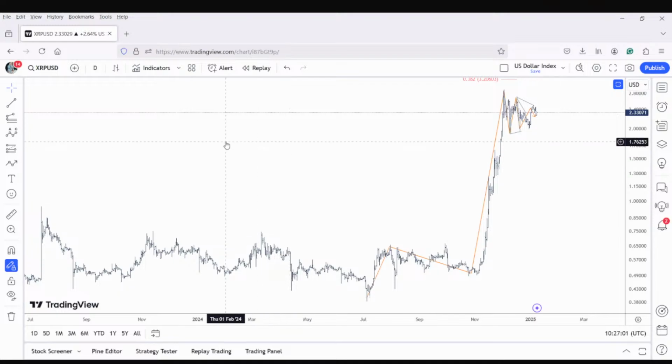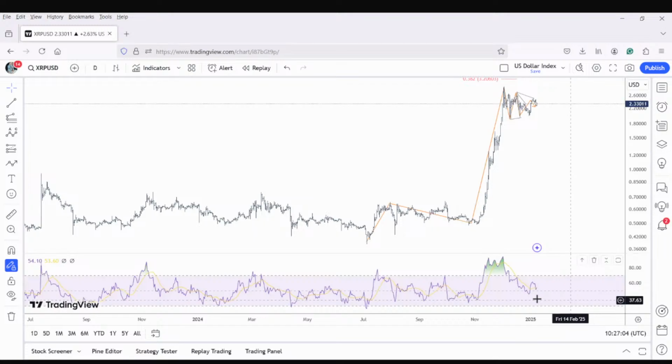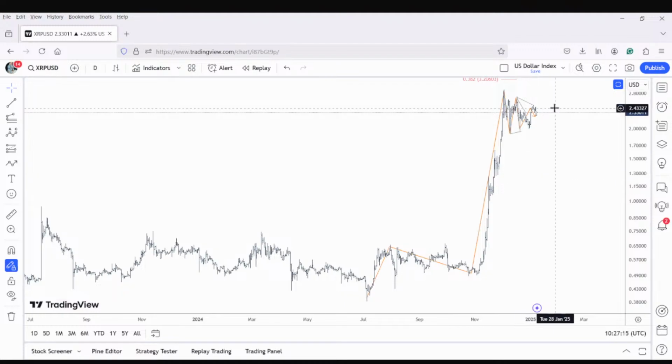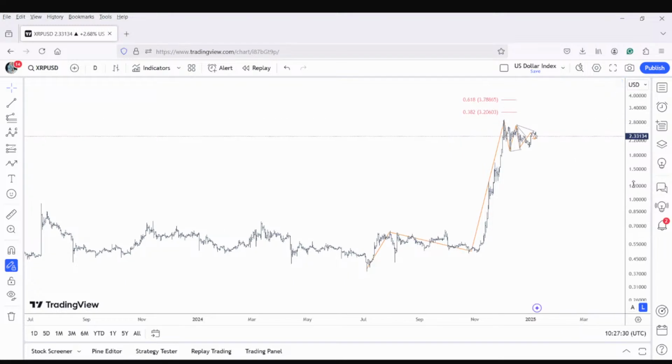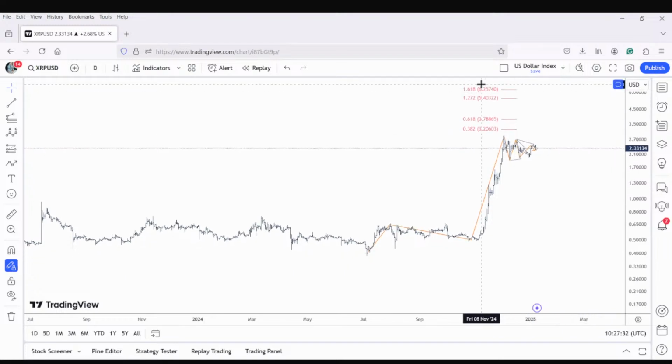It should be around 40. It has already bounced from 44. So I think we are good to remain on the long side. If this is termination of wave E, then the last thrust wave, wave 5, is going to push prices across 3.7 and 6.3 as well.